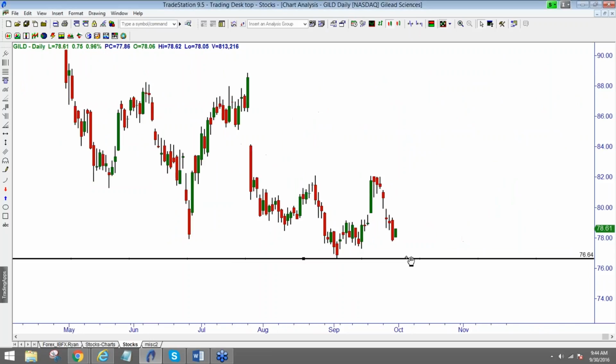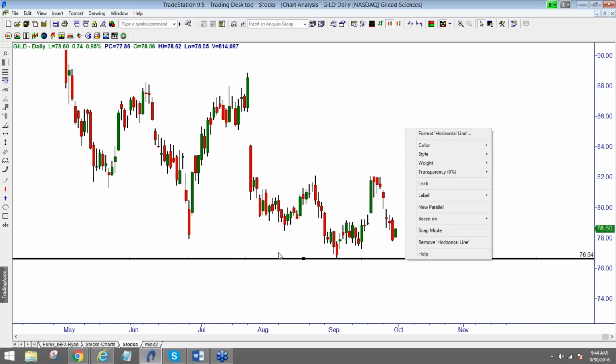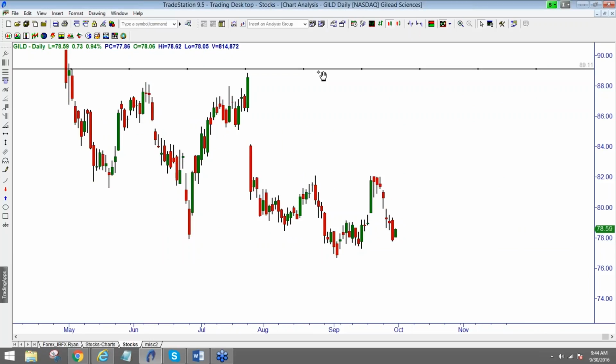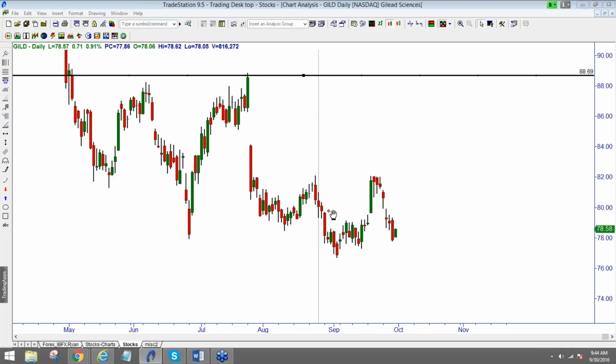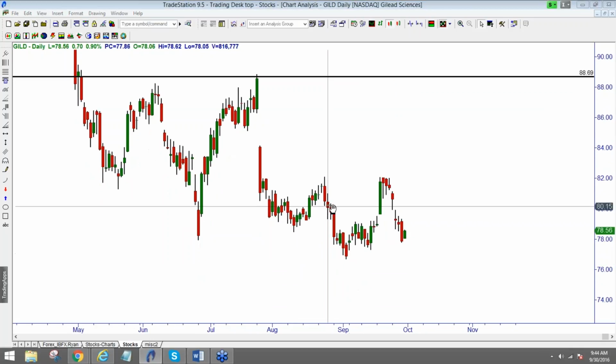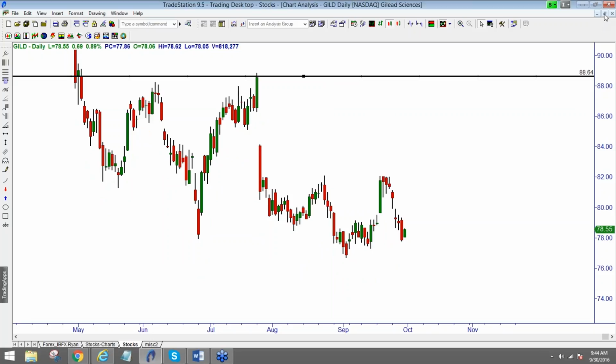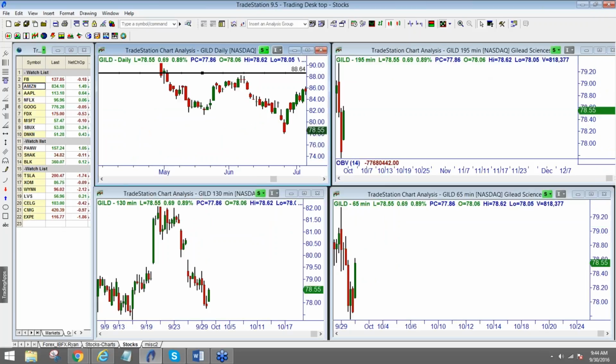It'll take too long to do that. So let's see here. That's a holder. Nothing here on the daily. Let's go to 195.